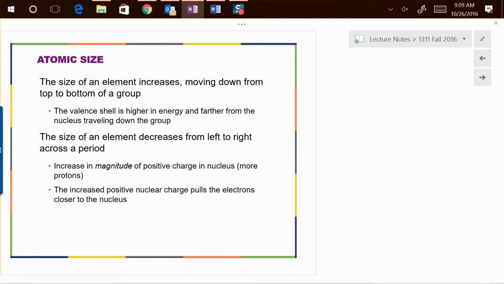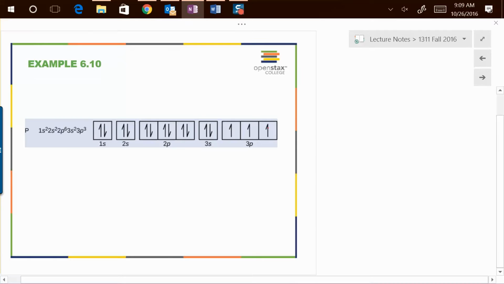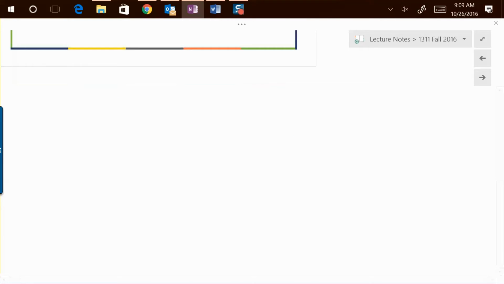All right, now let's talk a little bit about some of the trends. Well, actually, no. Let's practice writing some electron configurations. Okay? So, silver. Write the electron configuration of silver. Fine, the abbreviated form. No. I want you to write the whole thing. You need the practice right now. So go ahead and write the entire electron configuration of silver.